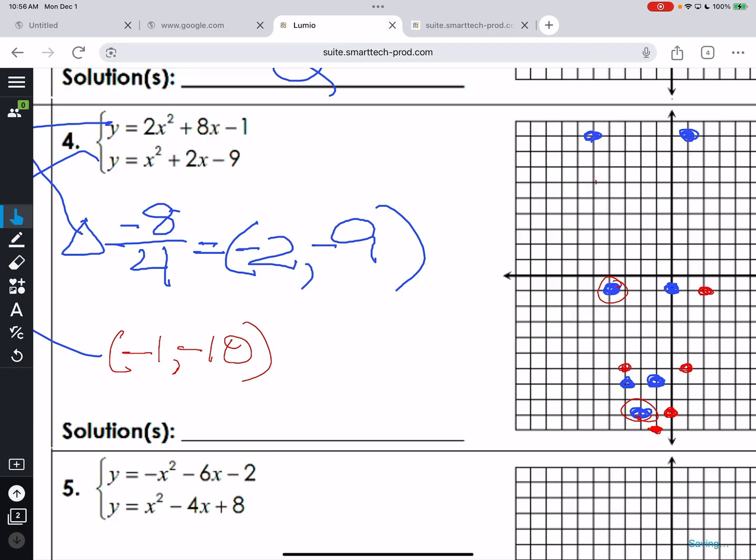I think we only have 2. Let's see. It intersects at -4, and -2, -9.